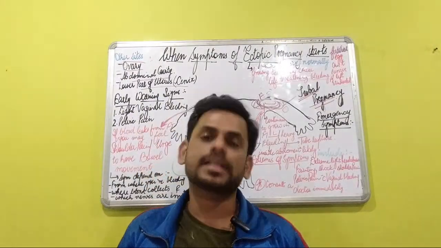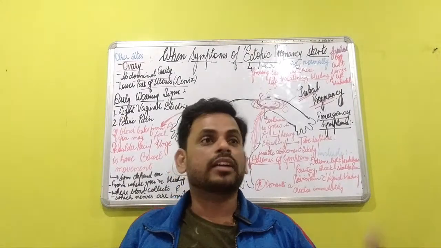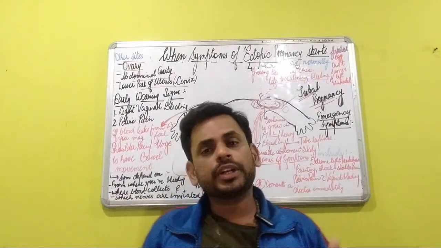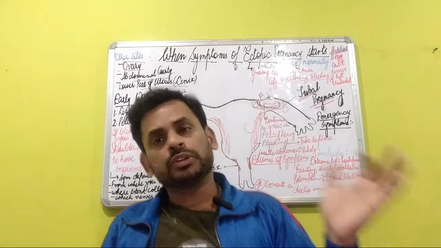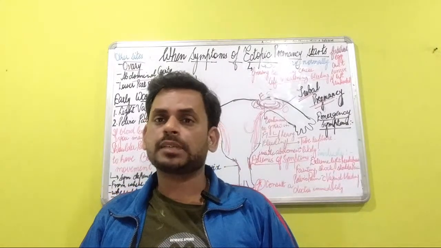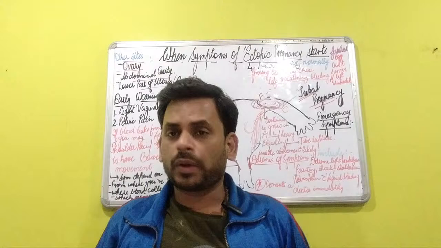Initially there are no symptoms by which a woman can confirm whether it is a normal pregnancy or an ectopic pregnancy. All the symptoms seen in a normal pregnancy are seen in an ectopic pregnancy as well, including breast tenderness, a missed period, and nausea.